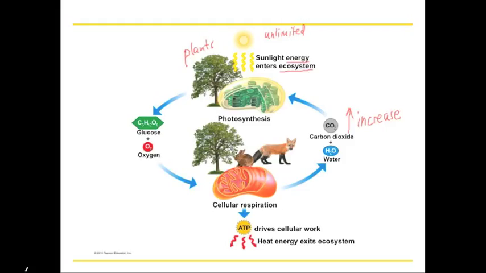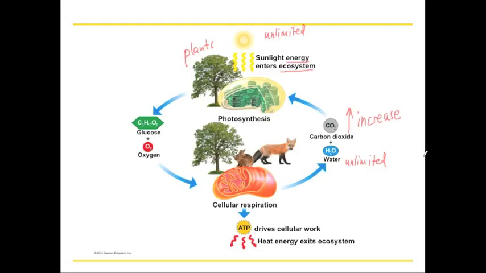Let's think this through. If I increase the level of carbon dioxide and everything else basically stays the same, let's also assume, just to make it easier, that we have an unlimited amount of water. And the reason why we can assume that is because 2/3 of the planet is ocean, so presumably there's a lot of water. So if we increase the amount of carbon dioxide, then you would say, well, plants have more food, right?